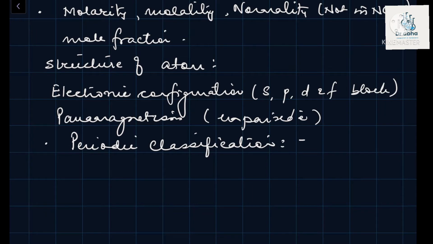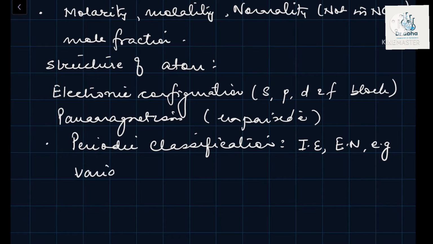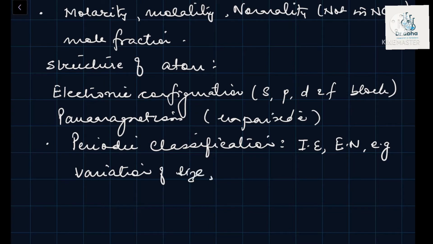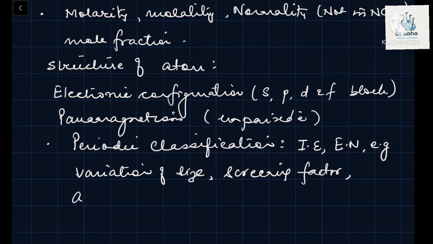All the terms, ionization enthalpy, electronegativity, electron gain enthalpy, then the variation of size, screening factor, right? These, and that anomalous behavior.